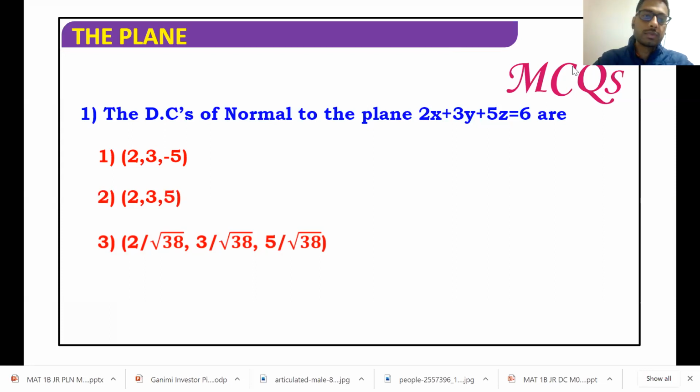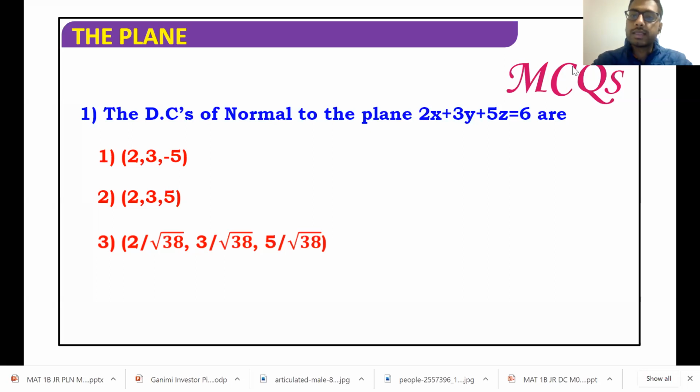So let us see a few questions. The direction of a normal to the plane is? So the direction cosines formula we have seen earlier. Direction cosines are l, m and n. l is nothing but your direction ratio a upon under root of a square plus b square plus c square. So what is a in this case? The equation of the plane is given as ax + by + cz = d. Therefore a = 2, b = 3, c = 5.